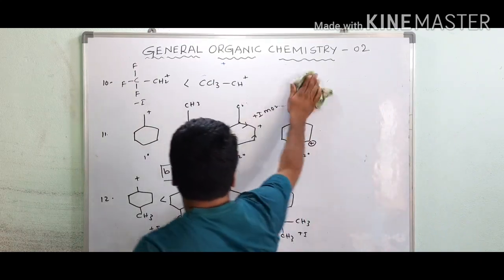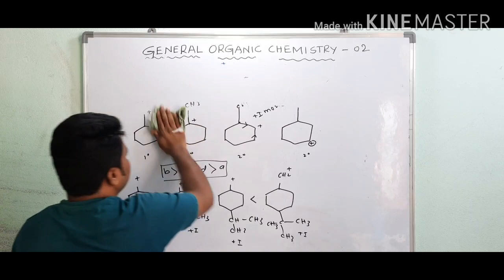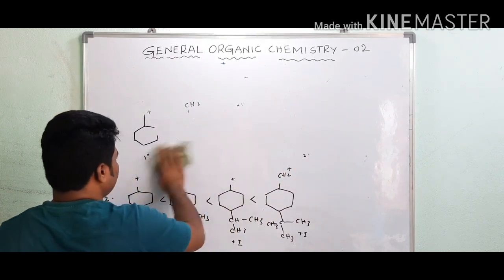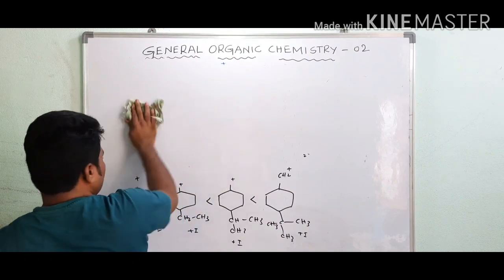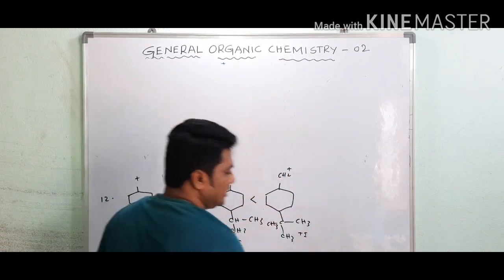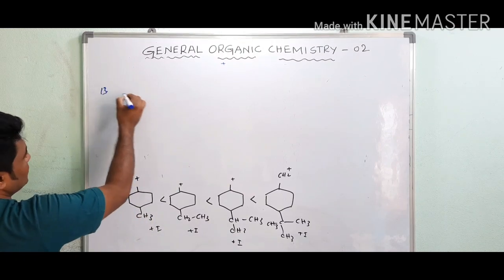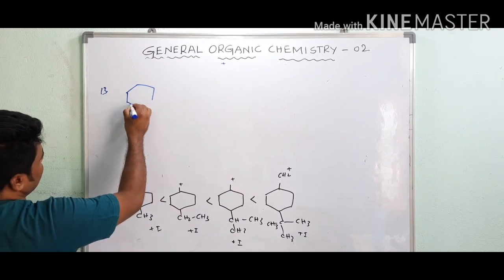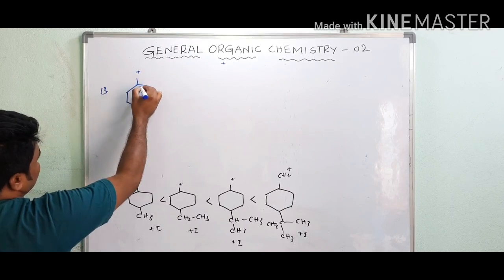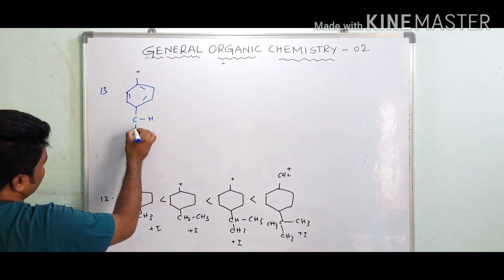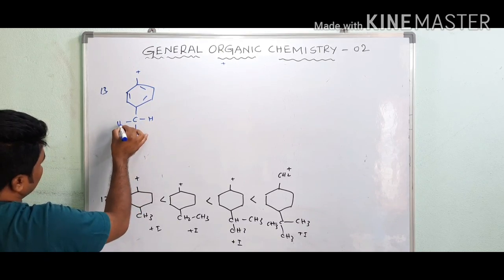Okay, now see. So this is a very simple example based on inductive effect. Now if you put the pi bonds, same question, see here, plus, and now I am putting the pi bonds here. 3 hydrogen is there.